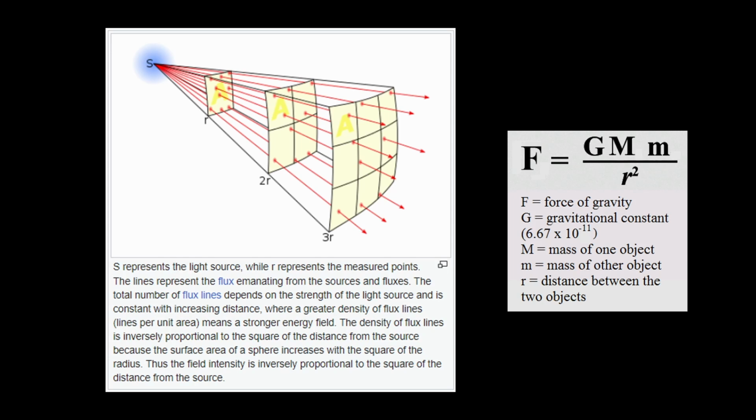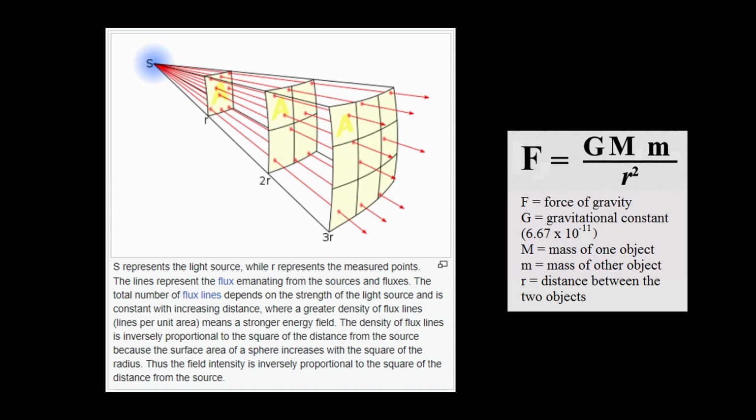If it radiates from a single point, it expands like a sphere. The surface area of a sphere expands by the square of its radius. Therefore, the intensity of that energy at the surface has to decrease by the square of the radius. In other words, 1 divided by the square of the radius, hence the term inverse square law.